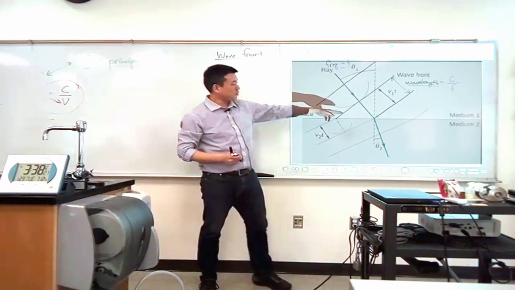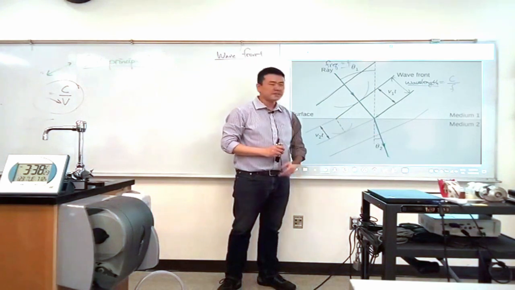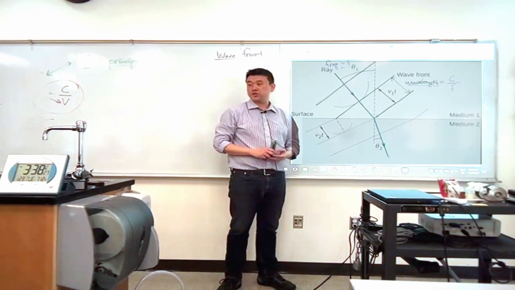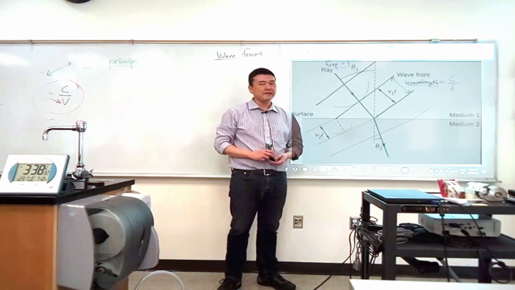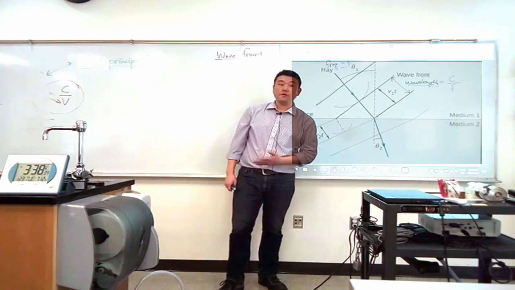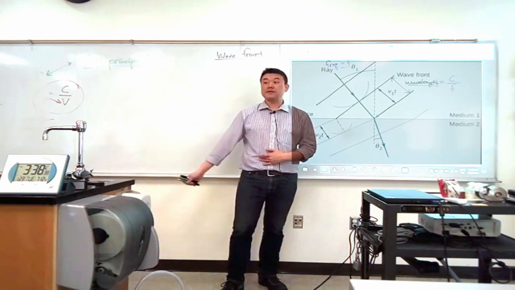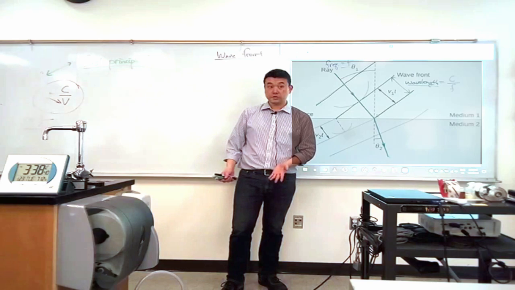As this light enters a different medium, what changes? Does the frequency change? No. So in most cases involving optics, the assumption, which is true most of the time, is that frequency is determined at the source.